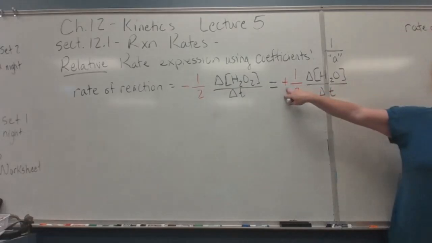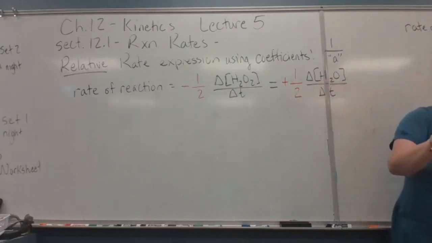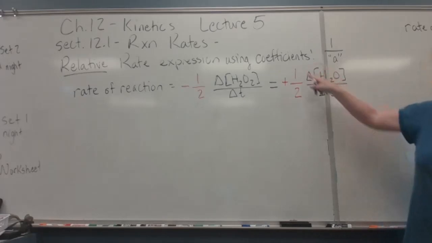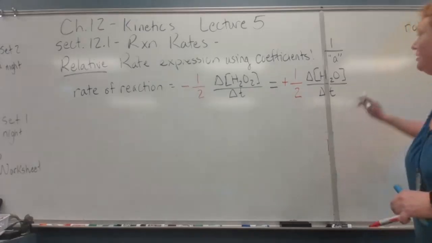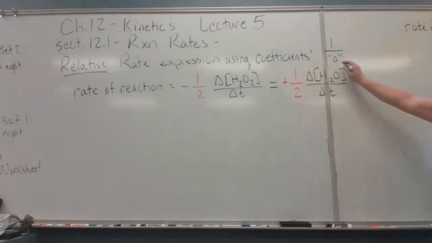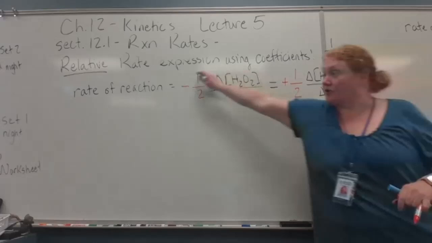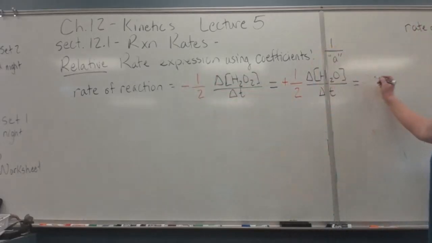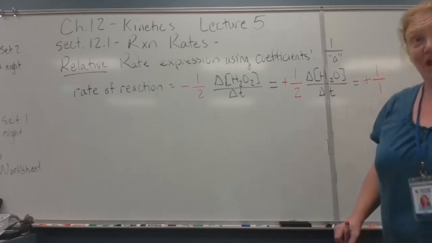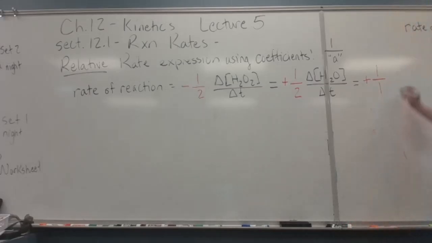Why is water's value positive? Because it's a product. Why is it 1 over 2? Because that was the coefficient. So this number has to equal this number, has to also equal what? Oxygen's relative rate. What is the relative rate? The relative rate is putting 1 over the coefficient in front of the change you calculate.